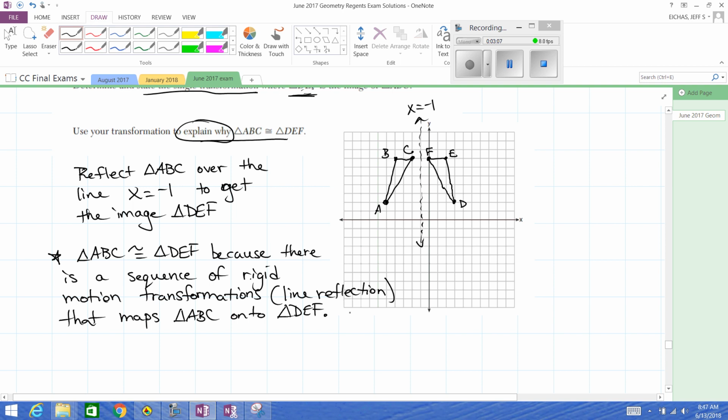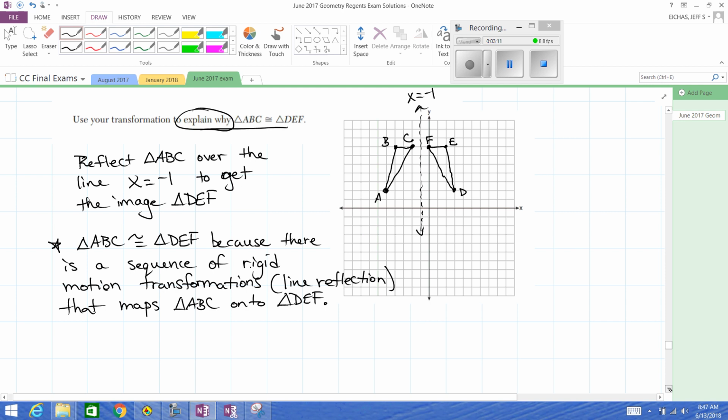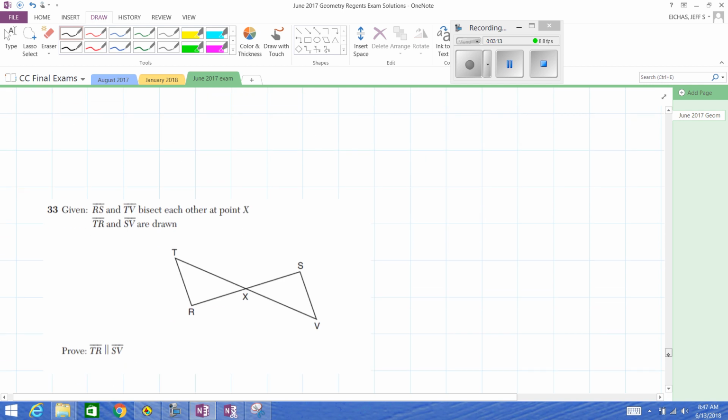And that's it. Seems a little light for a 4-pointer, but that's really all that's required.